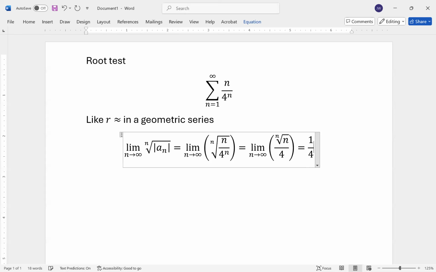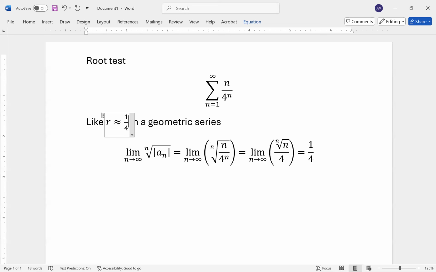So we actually get 1/4. So for the root test, this is kind of like having an r close to 1/4 in the geometric series. And therefore, via the root test, this infinite series converges.